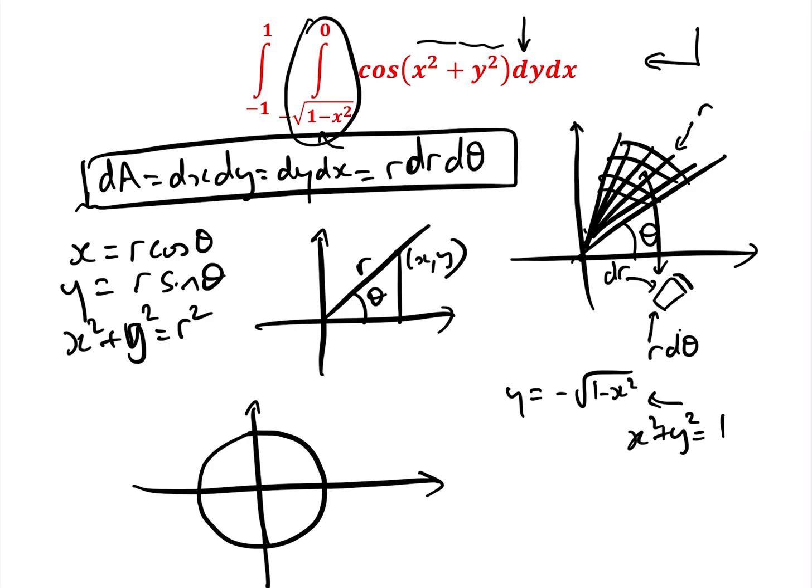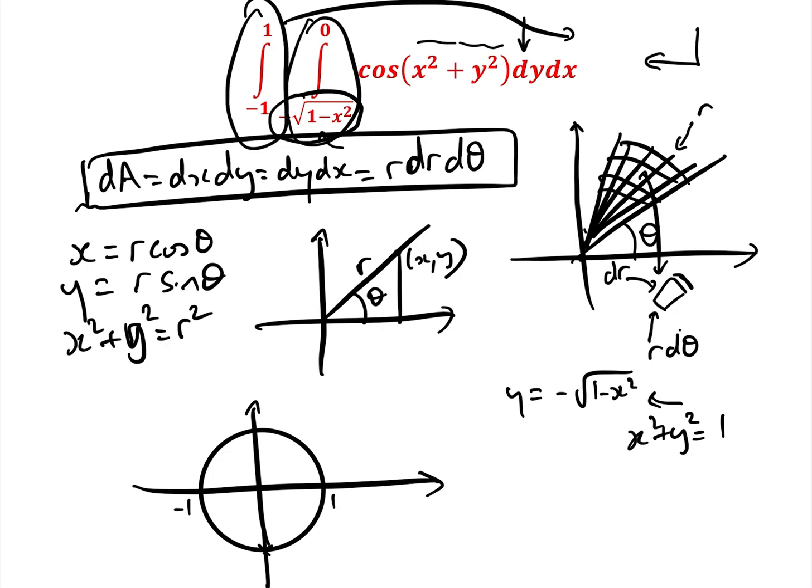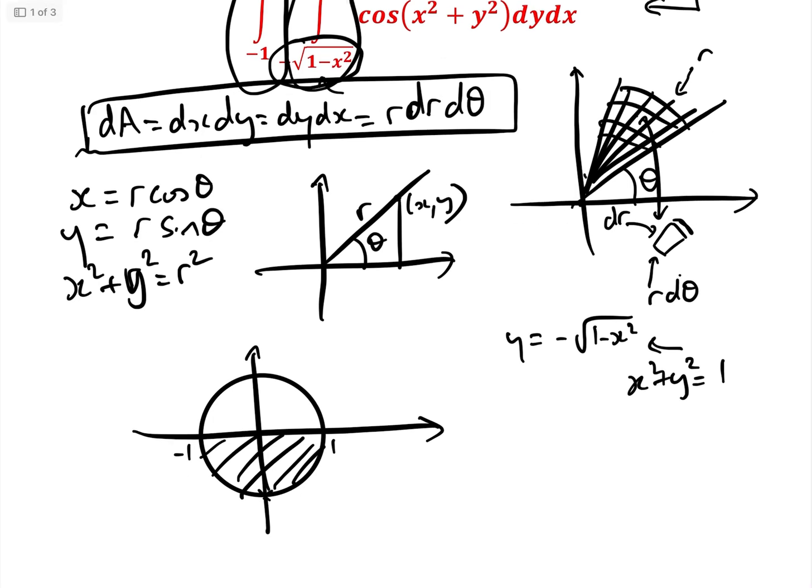So if we draw the circle x squared plus y squared equals 1 here, where this point here is 1 and here is minus 1 on the x and 1 on the y, we are going on the y from minus root 1 minus x squared up to 0, and on the x we're going from 1 to minus 1. So clearly this is the area that we are integrating over, which is the bottom half of the unit circle.